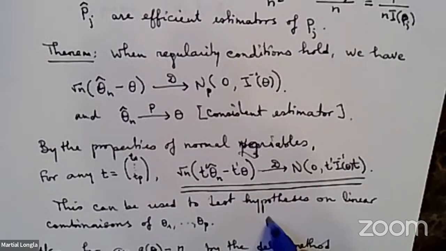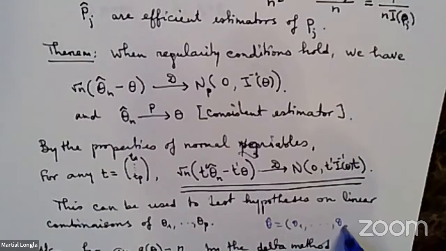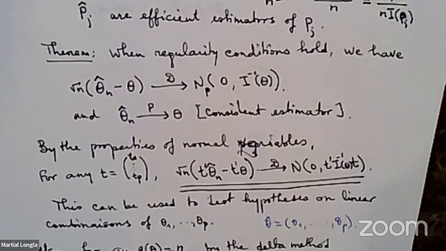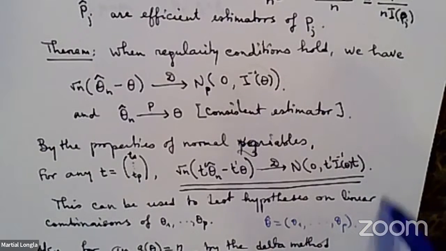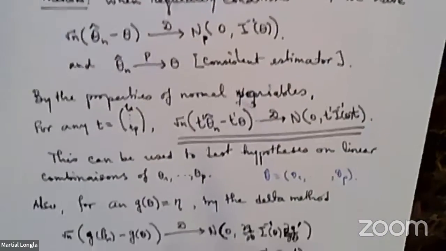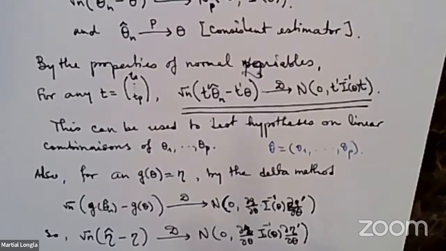So the variable theta by definition from the beginning was theta 1 through theta p, and that justifies why here you have t1 down to tp, because you need a vector that you can multiply by theta. Are we good on this part? Yes, Dr. Longo.